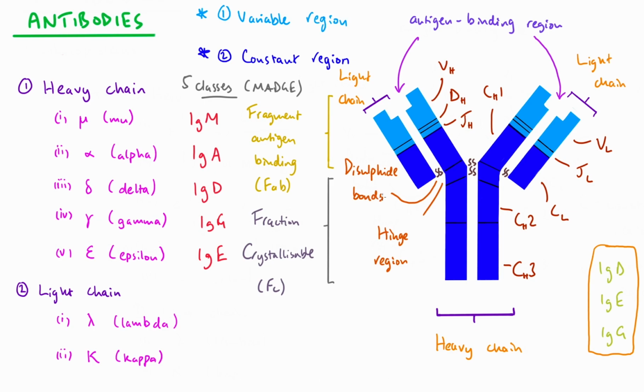And these bonds are a combination of covalent and non-covalent bonds which link different parts of the antibody together. So you'll notice in the hinge region in particular, there's 2 disulphide bonds, whereas other parts of the antibody, for example, from different parts of the light chain and different parts of the heavy chain, or different parts of the heavy and light chains linking together, there's going to be a single disulphide bond in place. So there you go, that's a quick overview of the structure of an antibody.